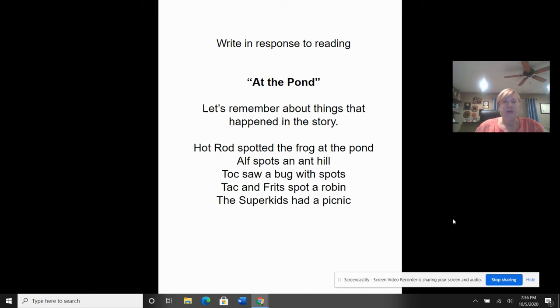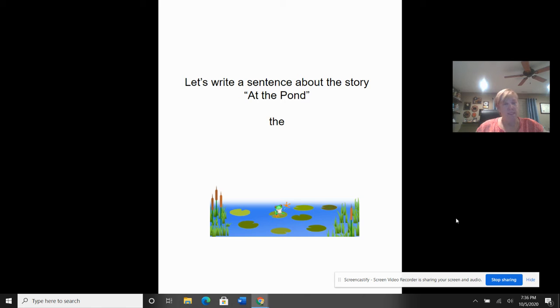Well, I think I have an idea for a sentence. So let's write a sentence. All right, my sentence, and I like to say it also first. The kids went to a pond, or the kids went to the pond. I have to see as I'm writing which one I like better.